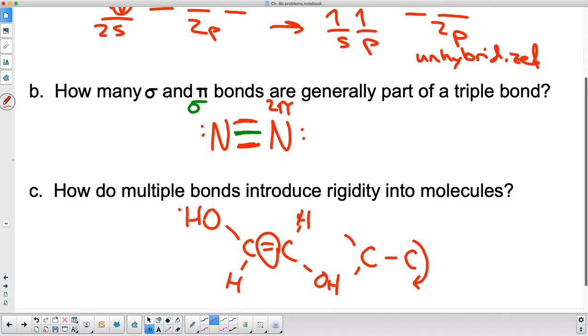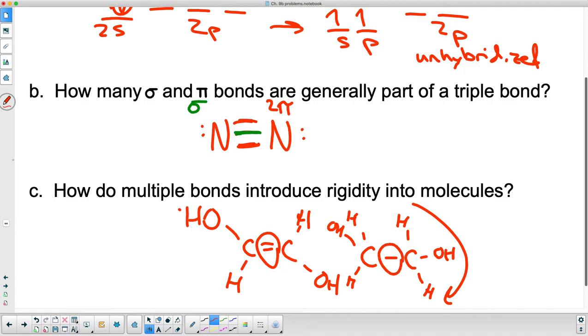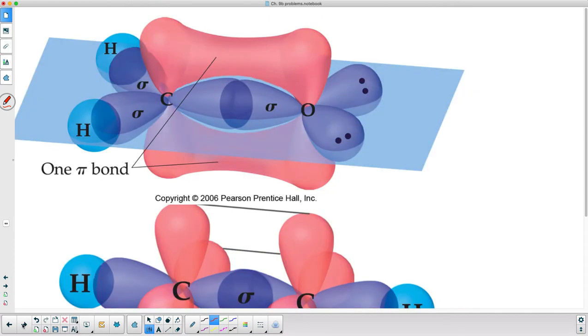If I have hydrogen, hydroxyl, and hydrogen here with a single bond, and hydroxyl, hydrogen, and hydrogen there, I can rotate these so they can be in any configuration, because that single bond doesn't lock the carbon and carbon into a stable position. It allows for rotation. So that's how the rigidity of a multiple bond causes a molecule to be one way or another. So take a look at this.